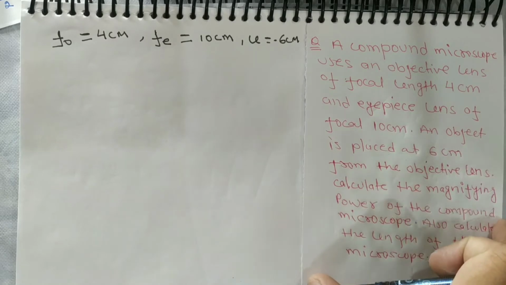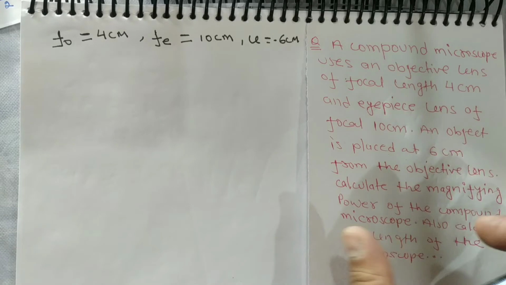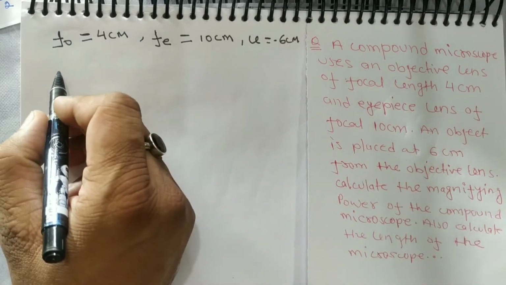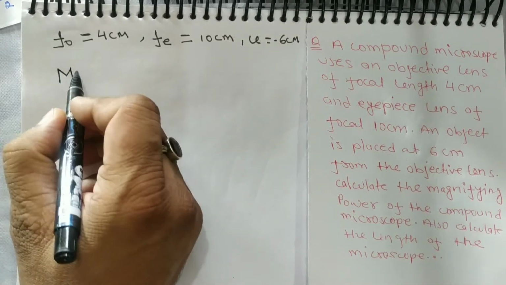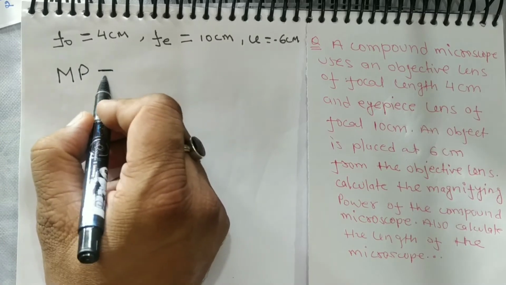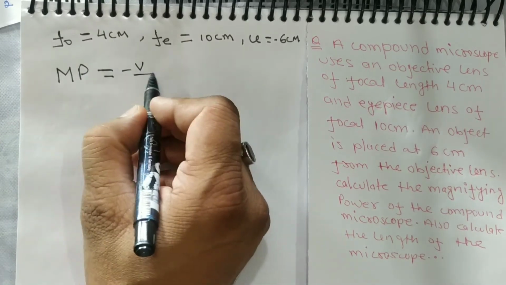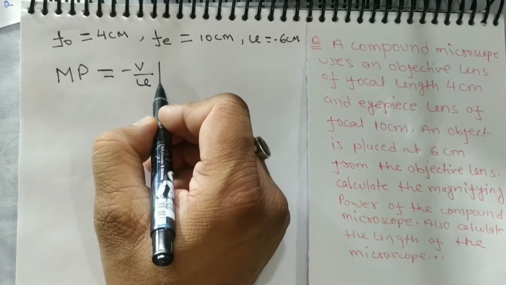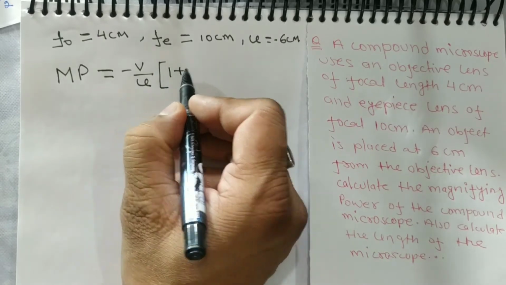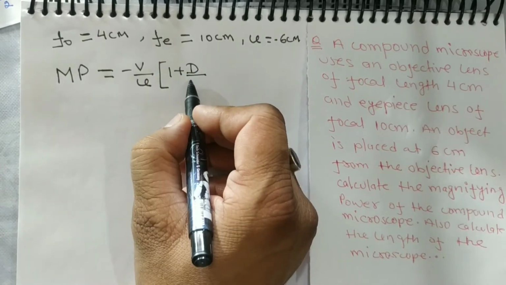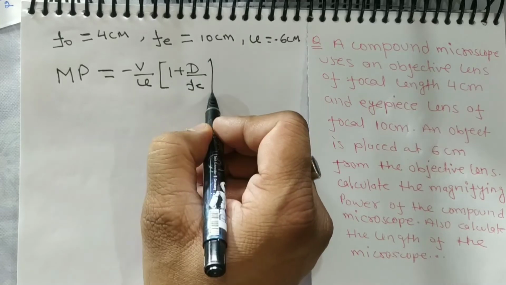In this question, it is not clearly mentioned whether we have to calculate magnifying power for a far point case or near point case. So I am taking magnifying power for near point, and its formula is minus v upon u into 1 plus d upon fe.